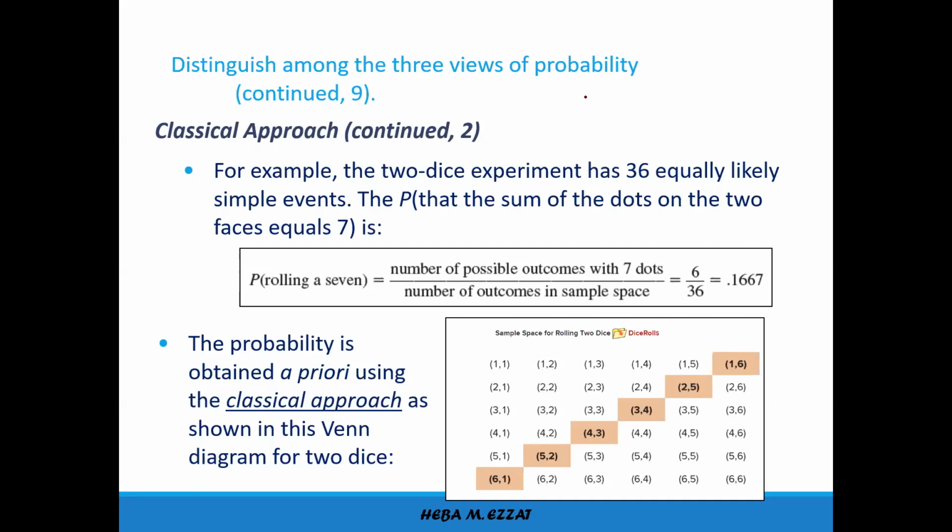I told you if I am rolling a die, the probability of each one of the outcomes equals 1 over 6. This is called the classical probability. This is what we know in advance, the a priori probability.